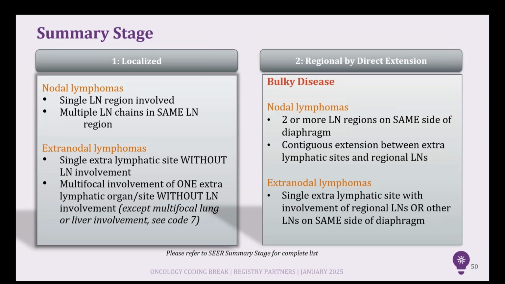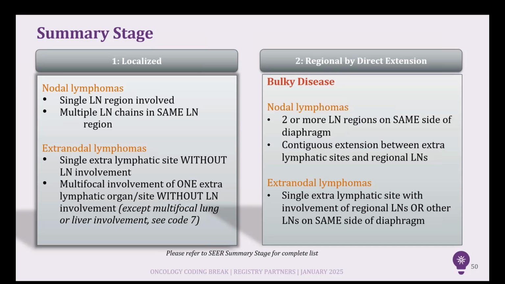Moving on to summary stage 2, bulky disease refers to a large tumor mass or significant tumor burden. Regional by direct extension also includes nodal lymphomas with involvement of 2 or more lymph node regions on the same side of the diaphragm. Nodal lymphomas with contiguous extension between the extralymphatic site and the regional lymph node are also coded to 2.